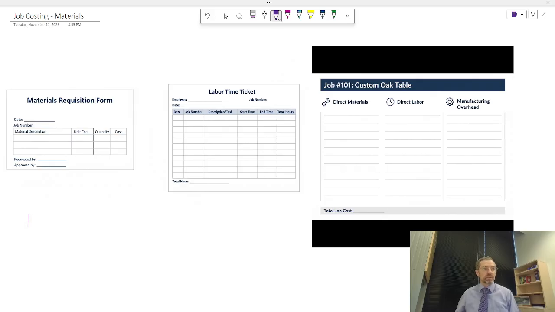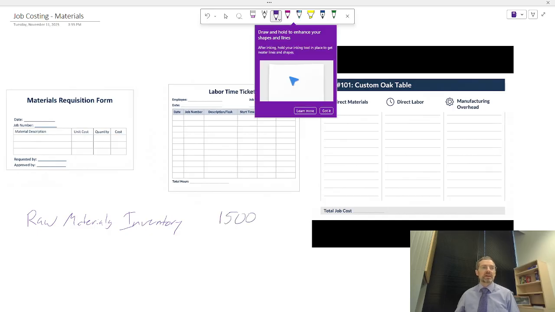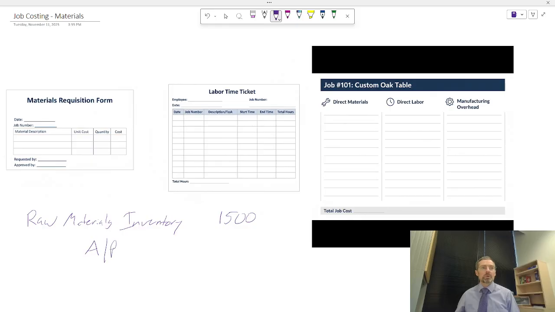So we are going to put raw materials inventory as a debit, and that would be $1,500. And then it might be accounts payable or cash or however we ended up paying for that. So right now it is sitting in raw materials inventory.